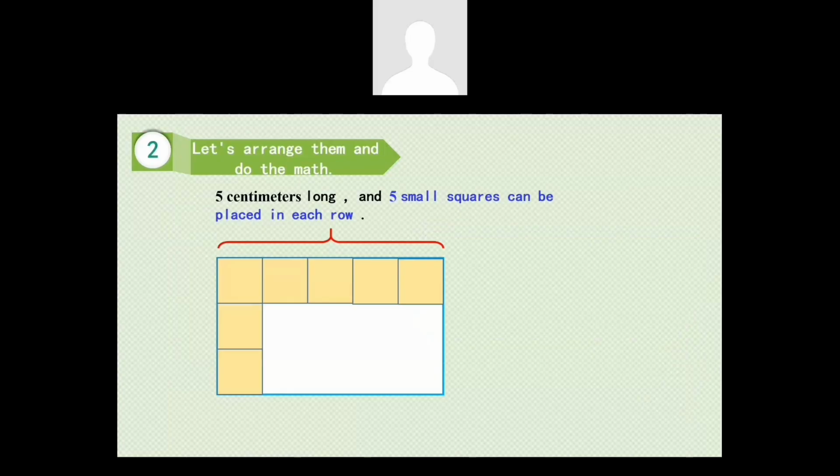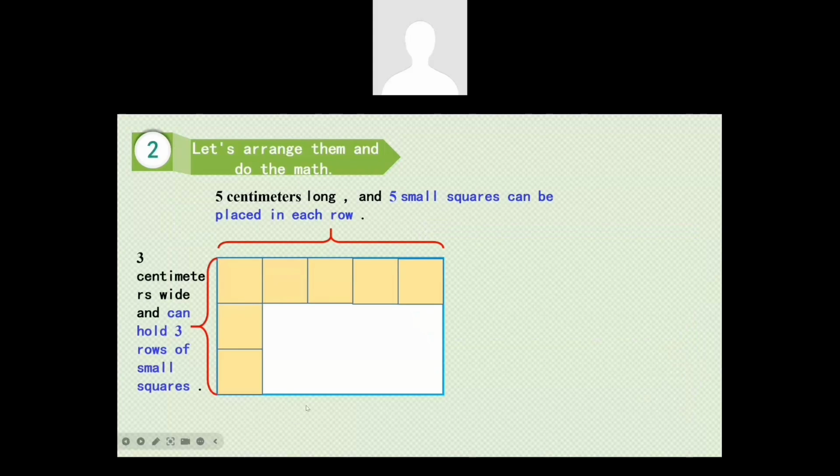Yes, correct. And 3 rows match what? Width, 3 centimeters. Yes, the width, 3 centimeters. That's right, exactly.